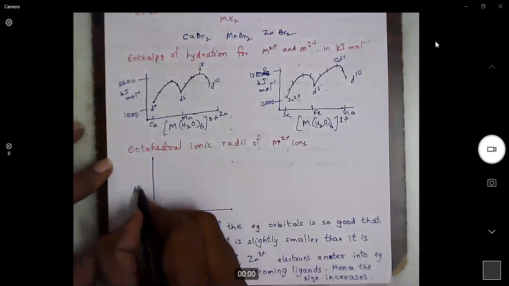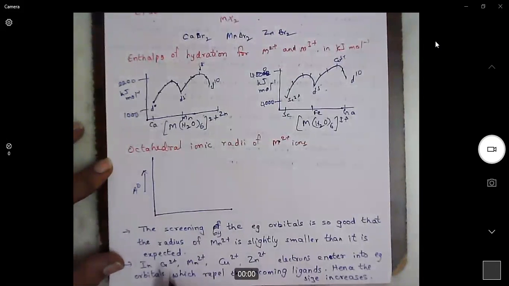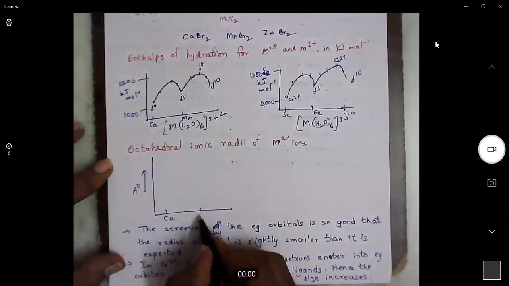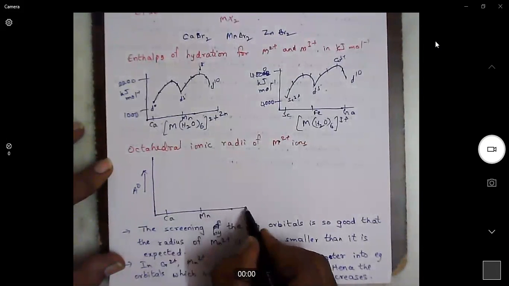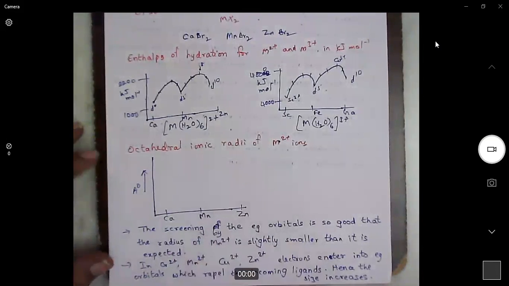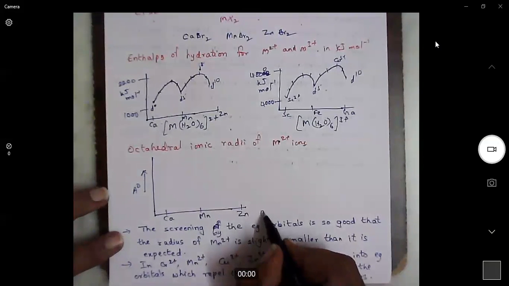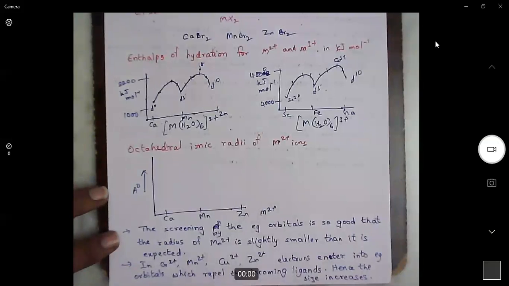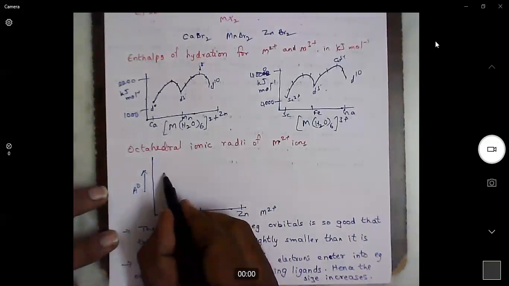It is radii in angstroms. Then we will look at calcium, manganese, and zinc. Metal is in plus 2 oxidation state. Now it will follow the reverse trend.